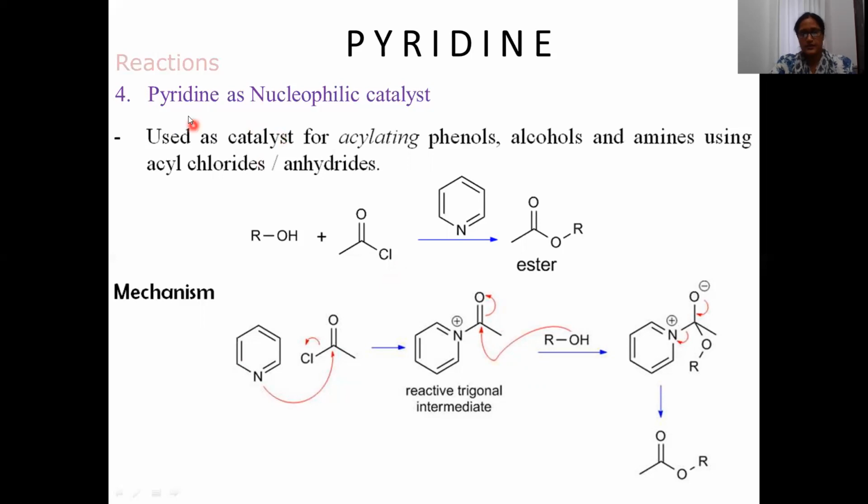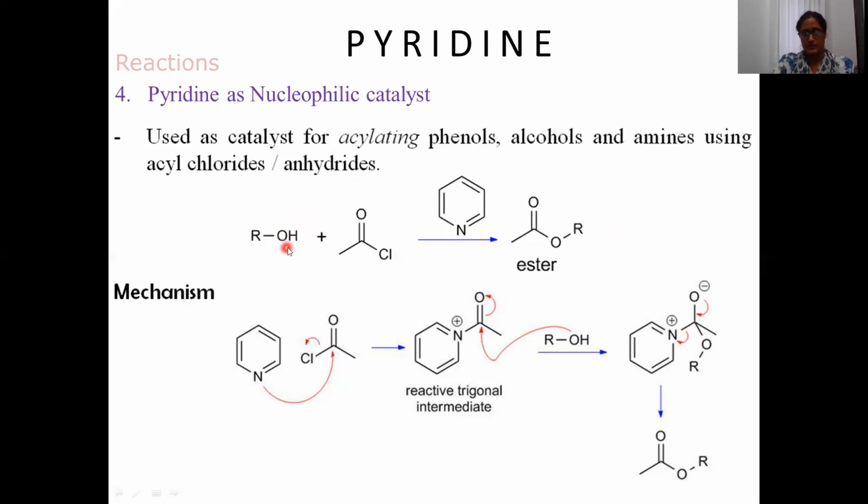So it also acts as a nucleophilic catalyst. This is a very important compound which is essential in the various types of synthetic reactions for the formation of drugs. It is used as a catalyst for acylating phenols, alcohols and amines using acyl chlorides or anhydrides.